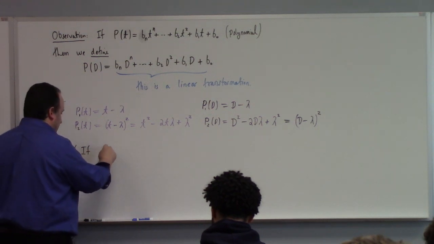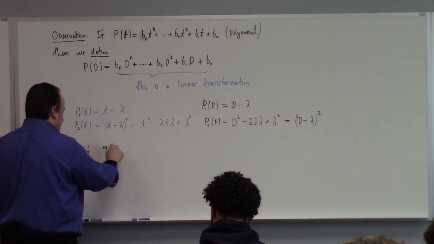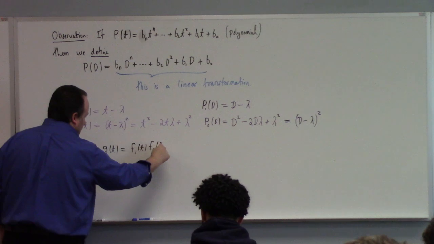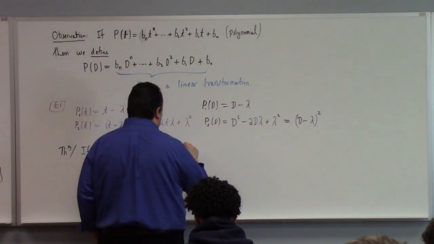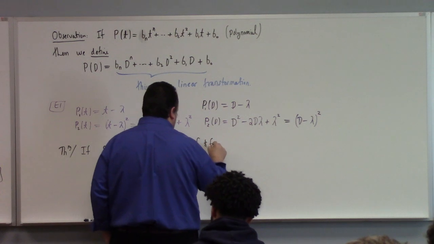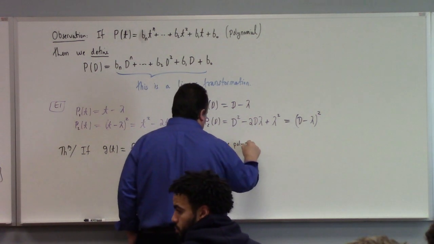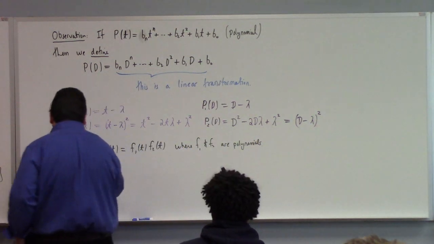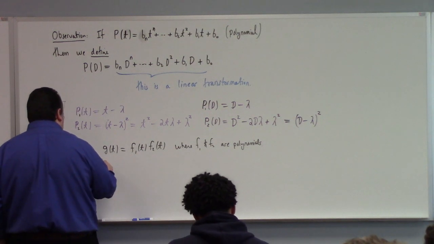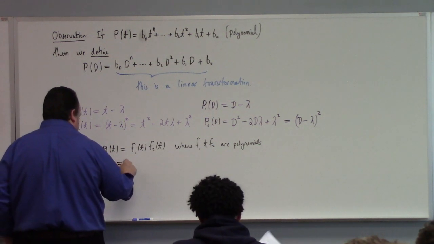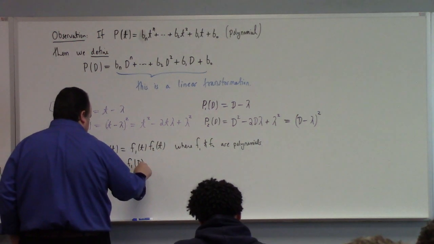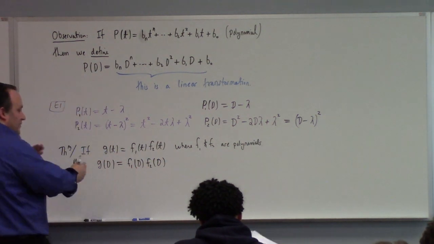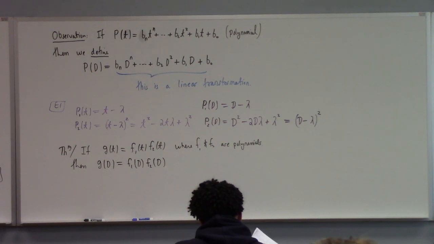If we have g of t is equal to, say, f1 of t times f2 of t, where f1 and f2 are polynomials, then g of the differentiation operator is actually equal to f1 of the differentiation operator composed with f2 of the differentiation operator. See this multiplication here, multiplication of operators corresponds to composition of operators.